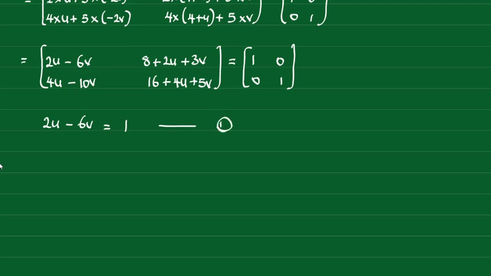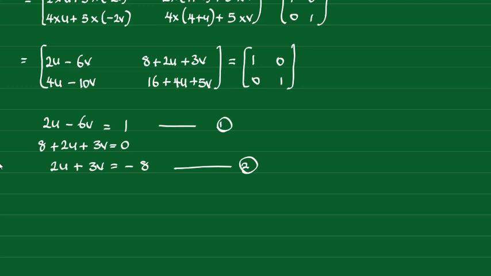Then from row 1, column 2, we have 8 plus 2u plus 3v equal to 0. We move 8 to the other side, so we end up having 2u plus 3v equal to minus 8. Term this as our equation 2.